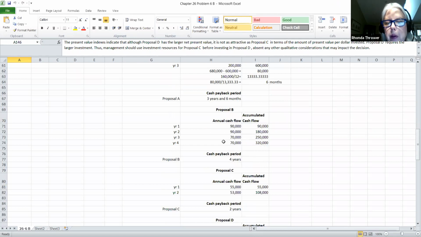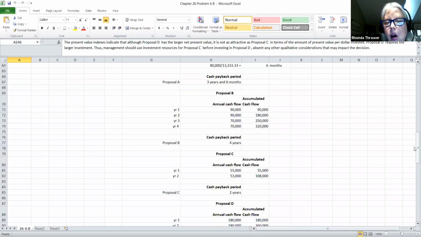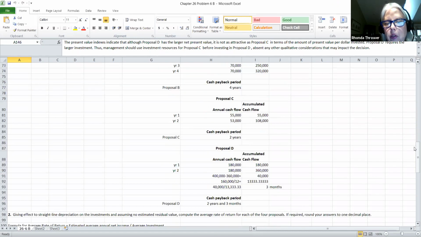The cash payback period for proposal B was 4 years. It too was more than the minimum amount of 3 years. So we're going to reject proposal B. So that took proposal A and proposal B off of our evaluations.